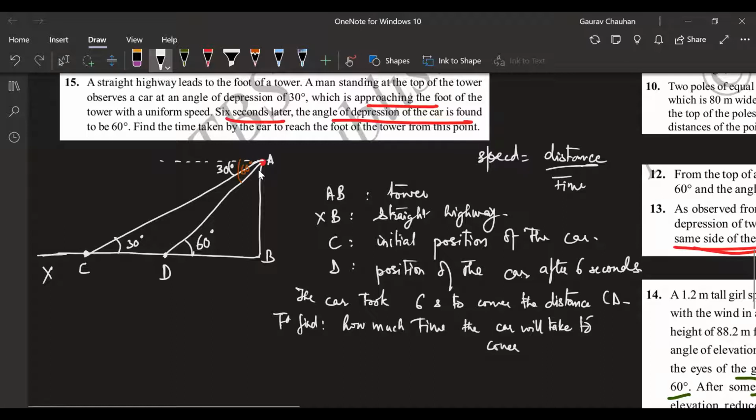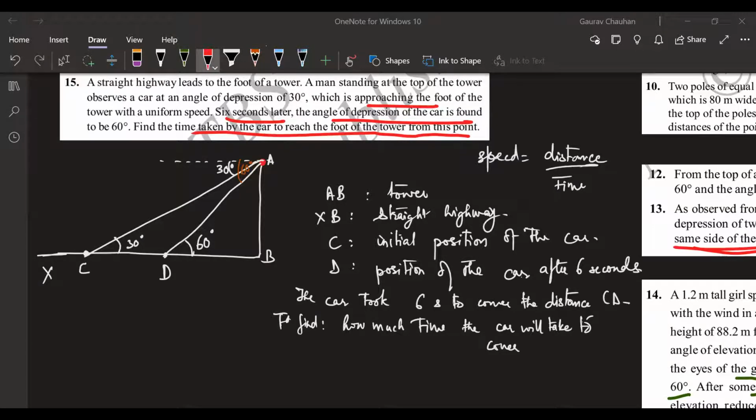Can people quickly type it in the chat box privately to me? It's asking, find the time taken by the car to reach the foot of the tower from this point. Which distance are we talking about? Riza and Nisha have got it.